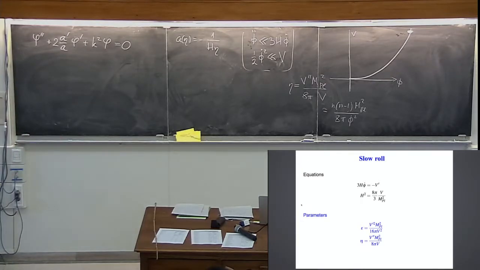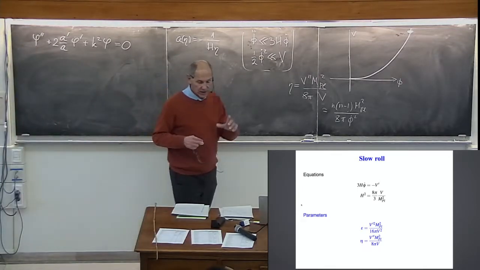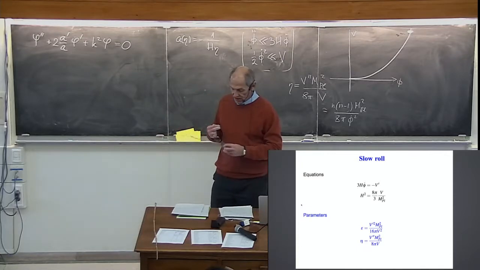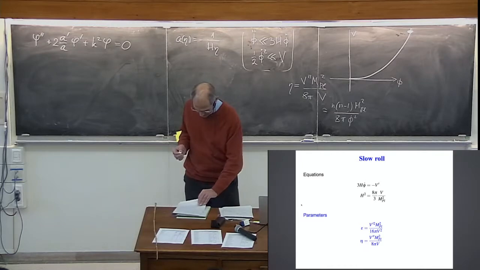And we know what survives outside the horizon. It's a constant mode, right? So we just have to match these behaviors near the horizon crossing. Okay?